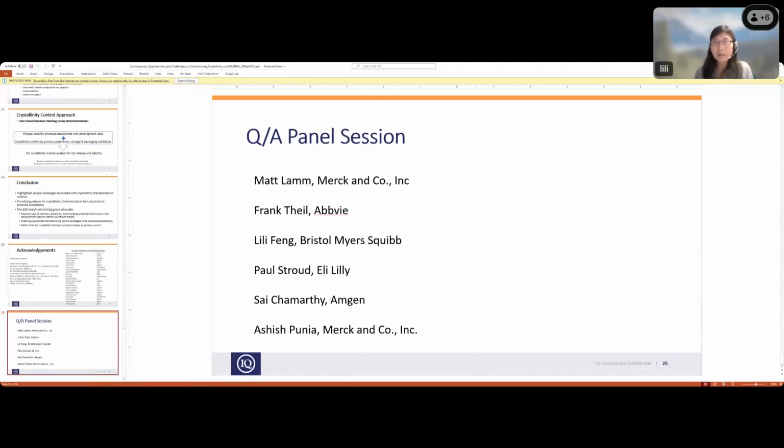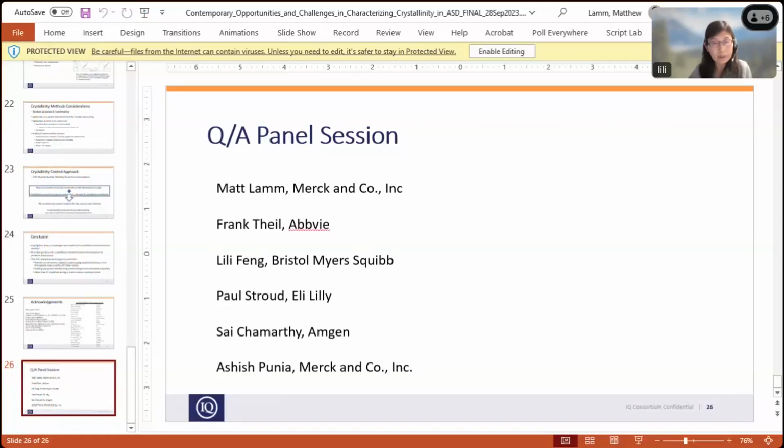Yeah, definitely. It's basically similar challenges to what we touched upon in the webinar. Specificity and sensitivity can be quite different in the ASD versus in the drug product. Typically in the ASD, the matrix is a lot simpler than in a drug product. The drug product has a lot more excipients with crystalline signals, which can present a challenge with specificity. And inherently, when you put the ASD into a drug product, you are diluting your sample concentration even further.